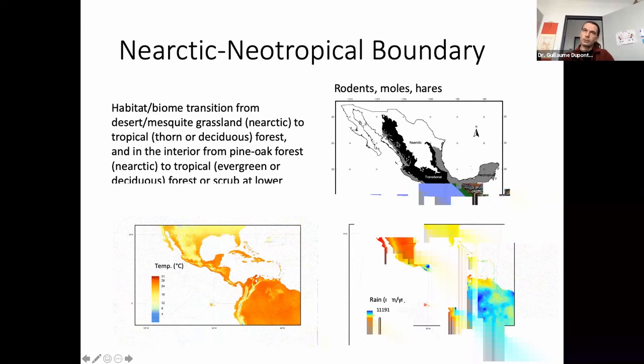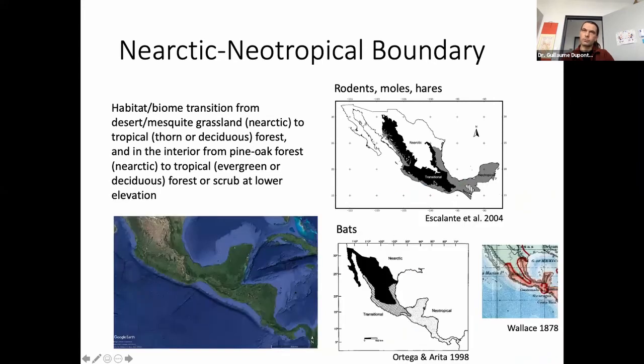And you see a transition zone here, which is relatively narrow, and then you see the Neotropics starting. The pattern between these groups is very similar. So you have here a transition zone where bats phase out, and here the neotropical bat fauna starts. And you can see that it's largely this isthmus.